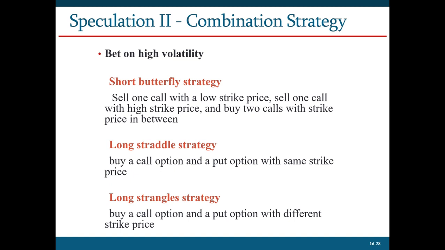Let's say you are considering investing in a pharmaceutical company, and this pharmaceutical company has a very promising drug that is going through the FDA approval process, and the company will announce the results of FDA approval or disapproval next day.